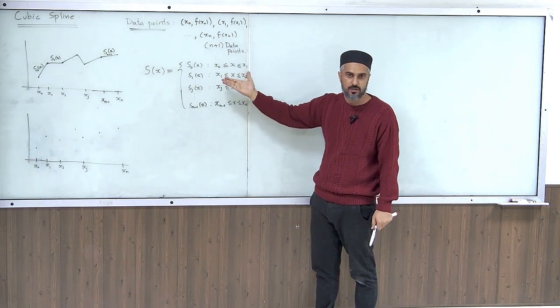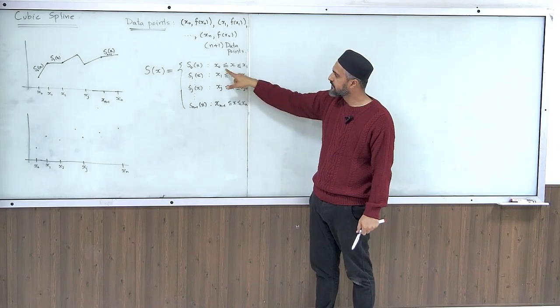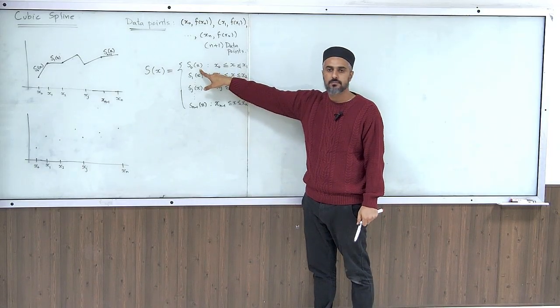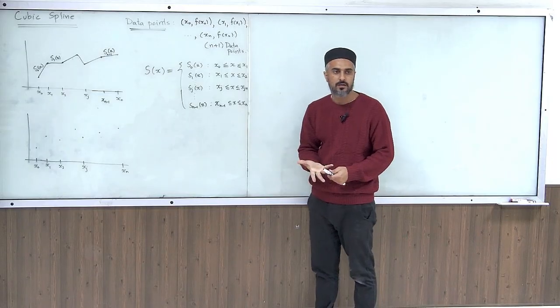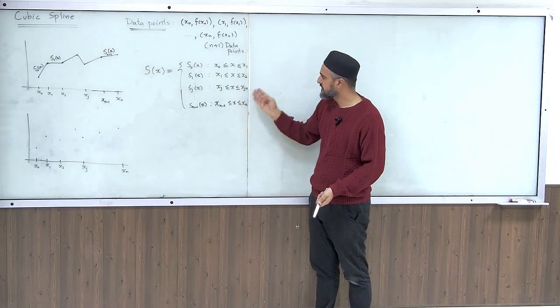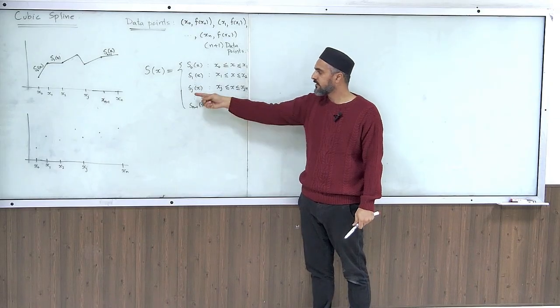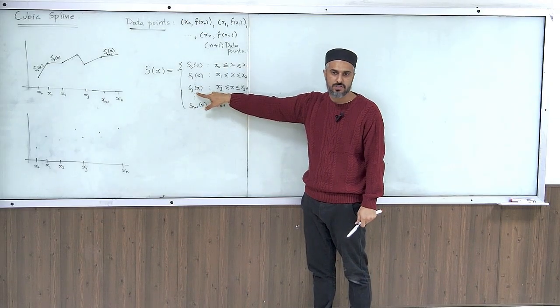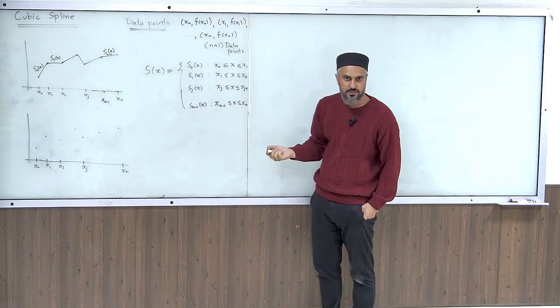We call it a piecewise function because if we wish to interpolate within the first interval, we have to use this function. If the point where I wish to interpolate lies in any respective interval, then I have to use the corresponding sj. This is the piecewise function that we constructed.